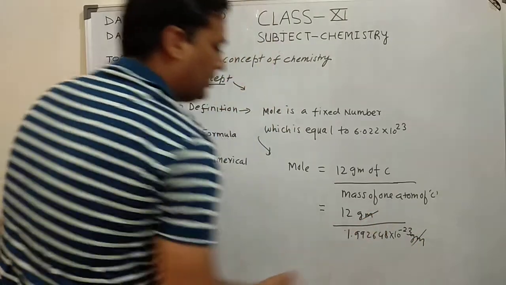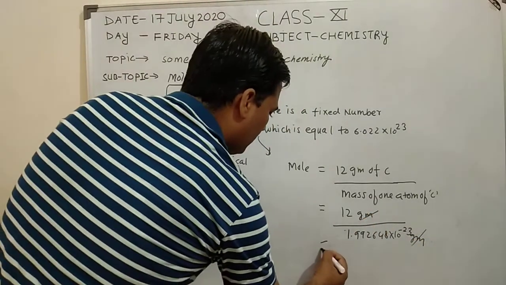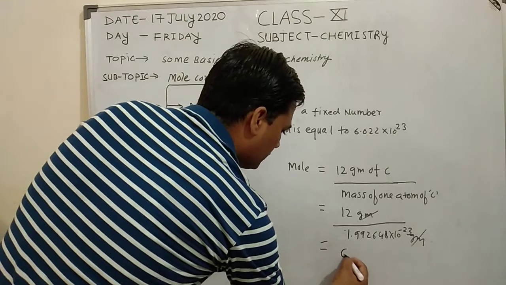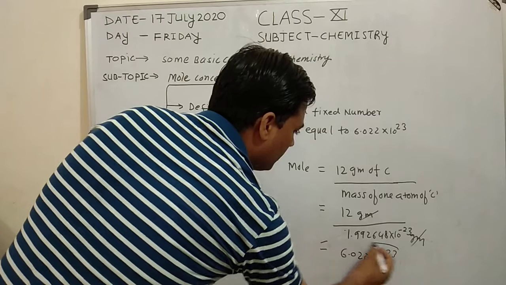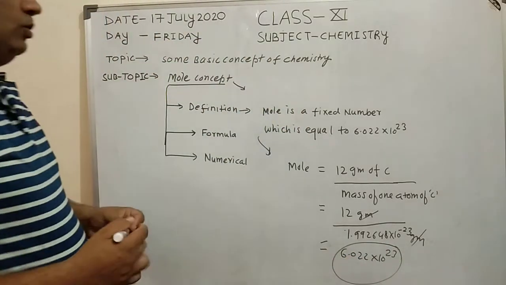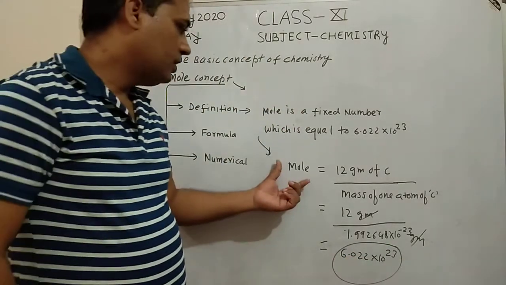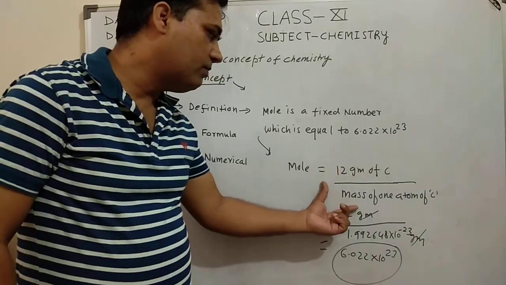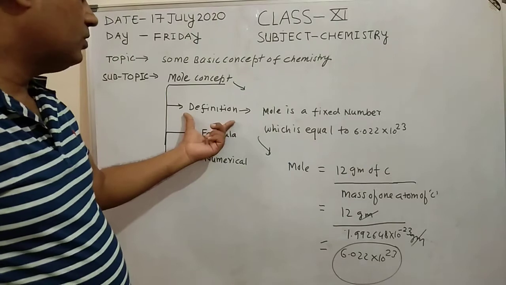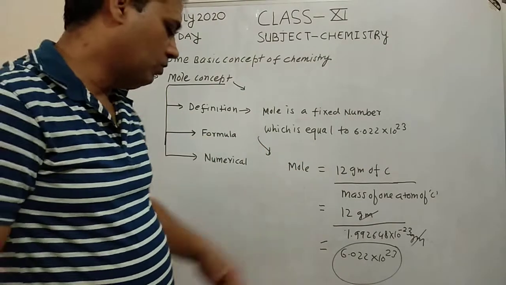So gram and gram cancel and this will be equal to 6.022 into 10 to the power 23. So we can define it as the ratio of 12 gram of carbon and mass of 1 atom of carbon is equal to 1 mole, that is mole.